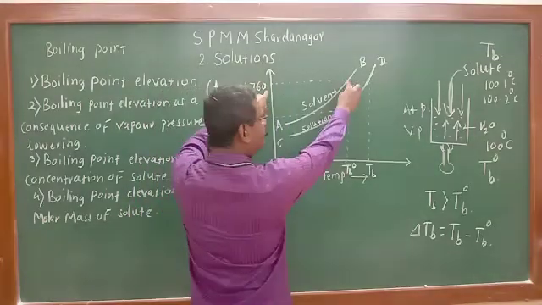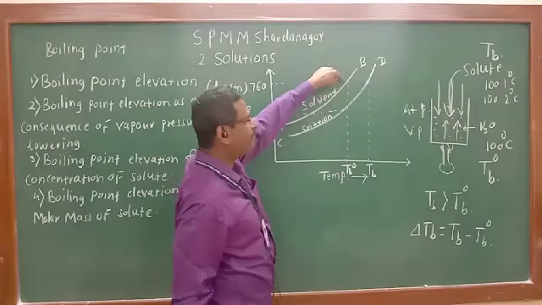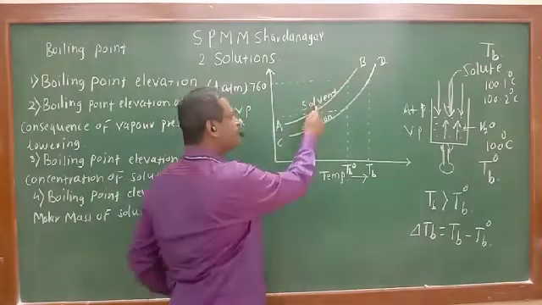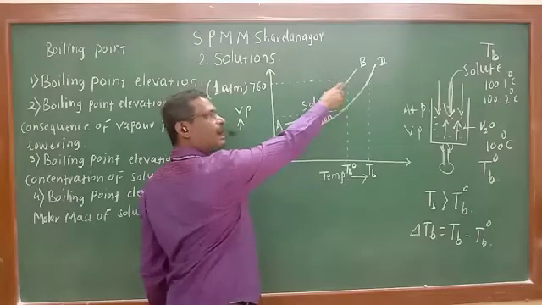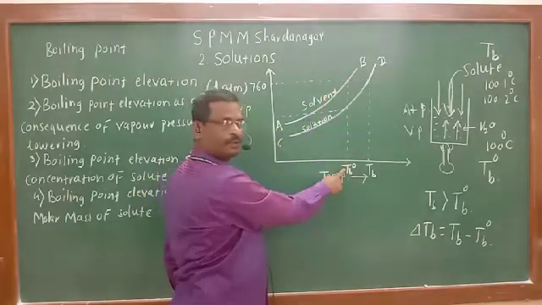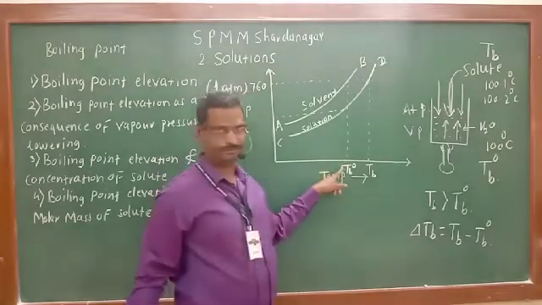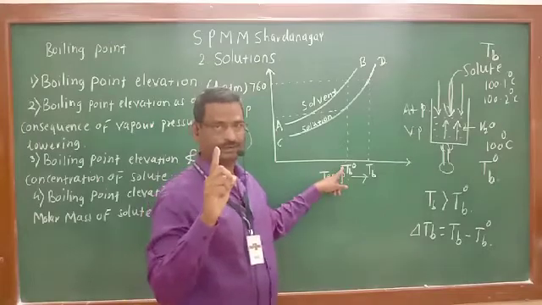So, at this point, the vapor pressure of the solvent becomes equal to the atmospheric pressure, and that temperature is known as what? It is the boiling point of the solvent. You got it?